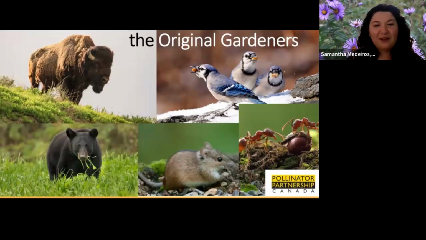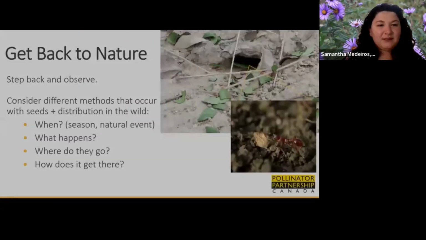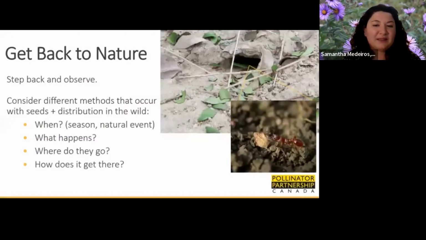So, how much bear scat is actually growing native plants? I think that would be a really fascinating study. Mouse caches, ant caches. Basically, if you're in doubt, just look around and see what's happening all around you, because these are the original gardeners. And get back to nature.